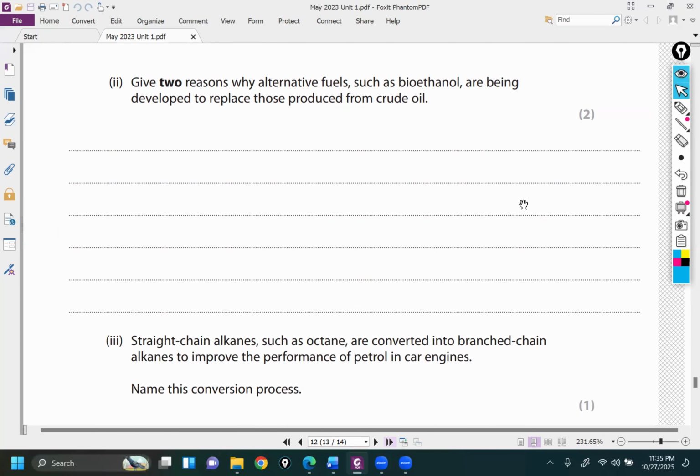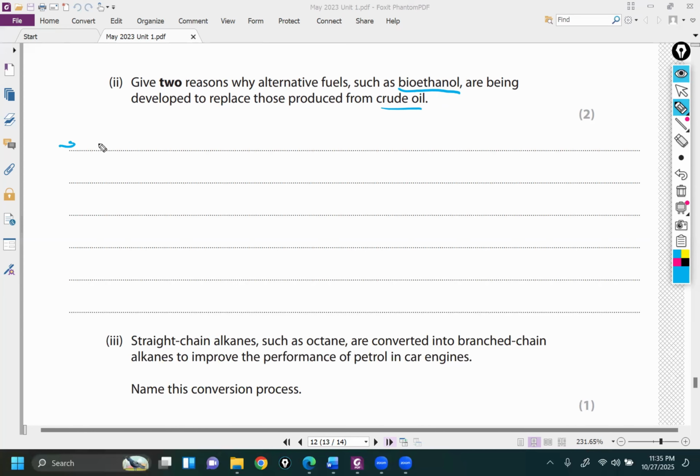Now give 2 reasons why alternative fuels such as bioethanol are being developed to replace those produced from the crude oil. This is very simple question. Like bioethanol is made from the plants.